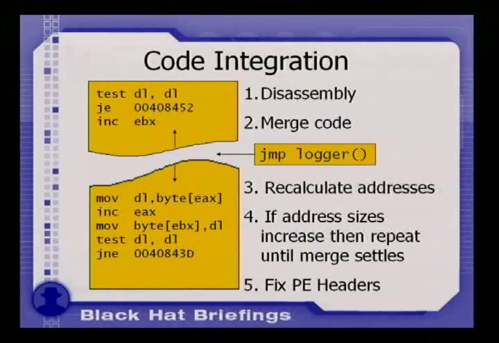And something to consider when you're fixing those is if you have relative 8-bit addresses from -128 to 127, you have to change all those to 32-bit addresses if they go outside that range. So there's certain things to think about. But once that merge settles, then you have 2 code sets, not recompiled, but in the same actual text section.